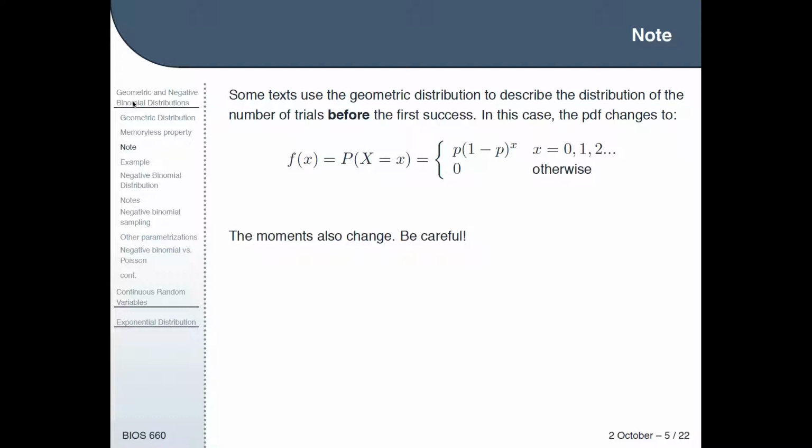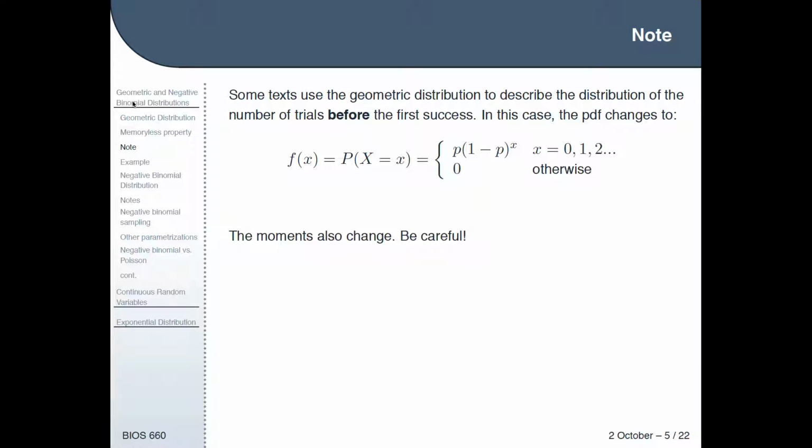Say you flip the coin 4 times and get tails, then you get a heads on the 5th time. The value of the geometric random variable would be 5 in that case, because it would be the trial where you get your first success.